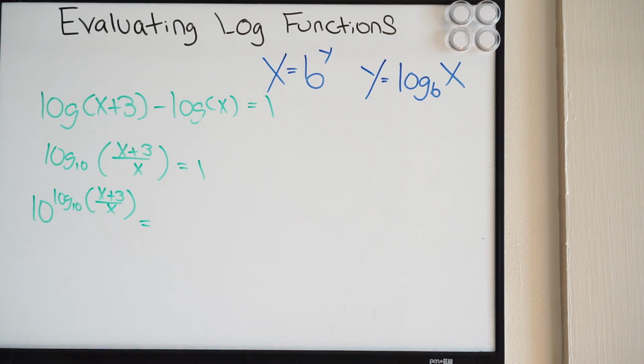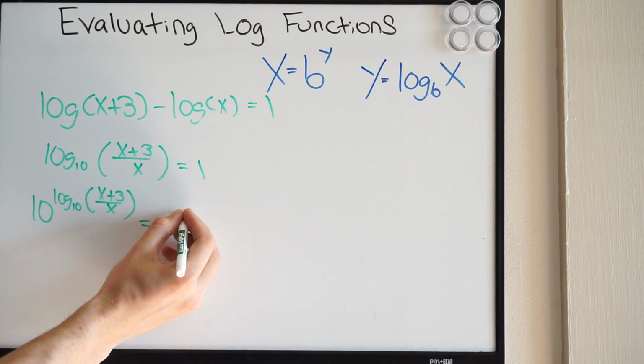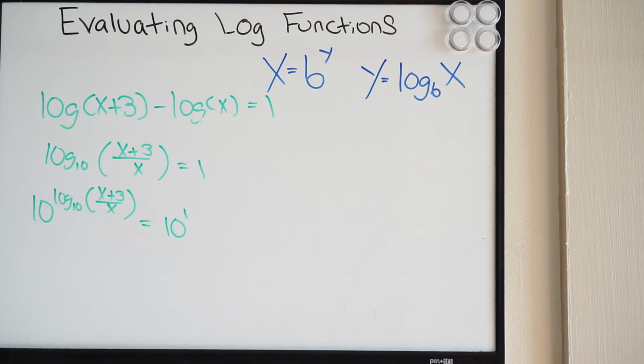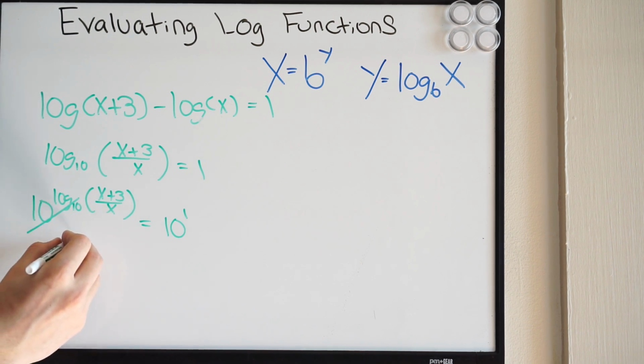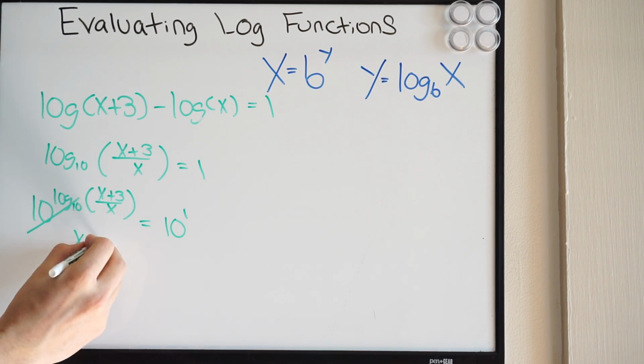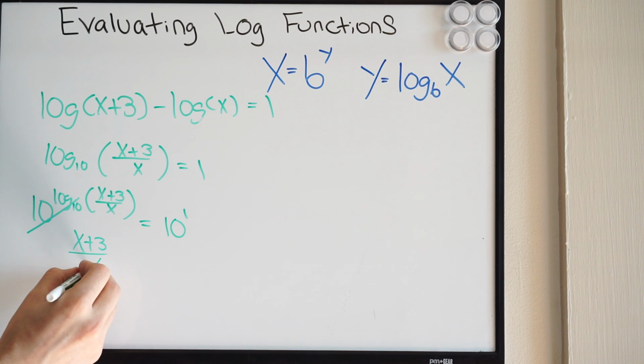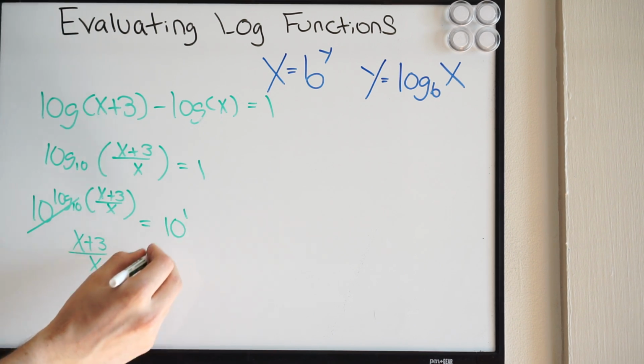And again, what I do to one side, I also have to do to the other side, so this will be 10 to the first power. The inverse property of logs will cancel, and now we're left with x plus 3 all over x equals 10.